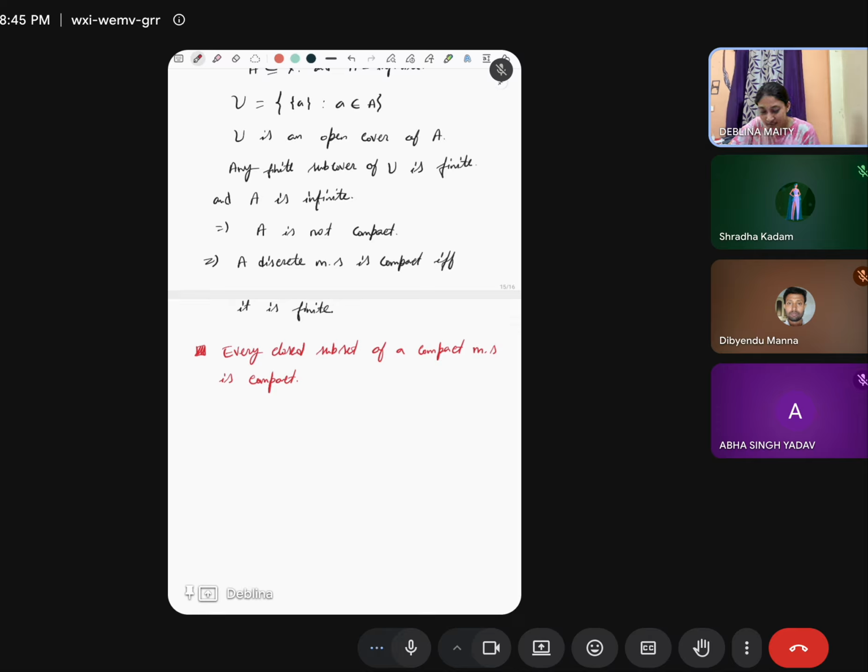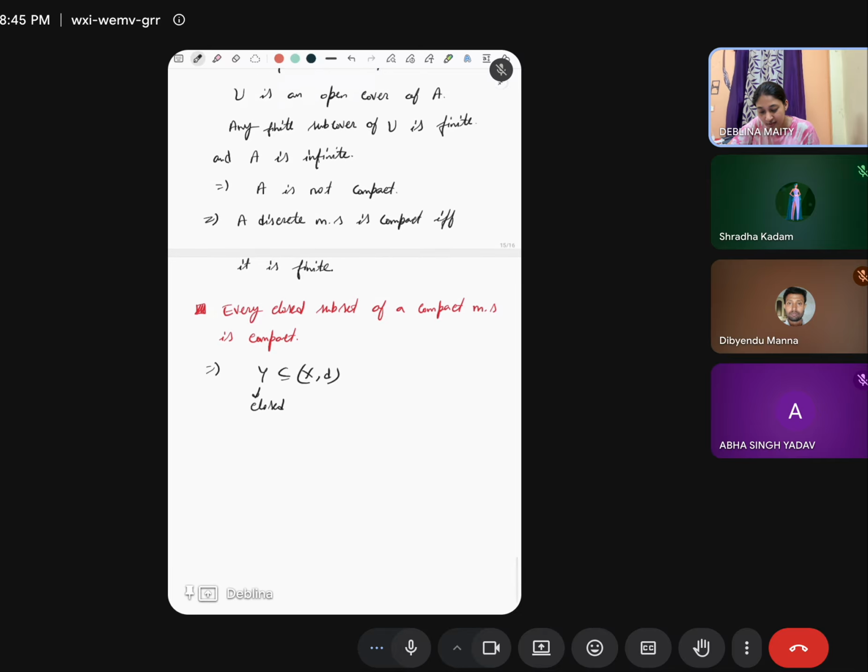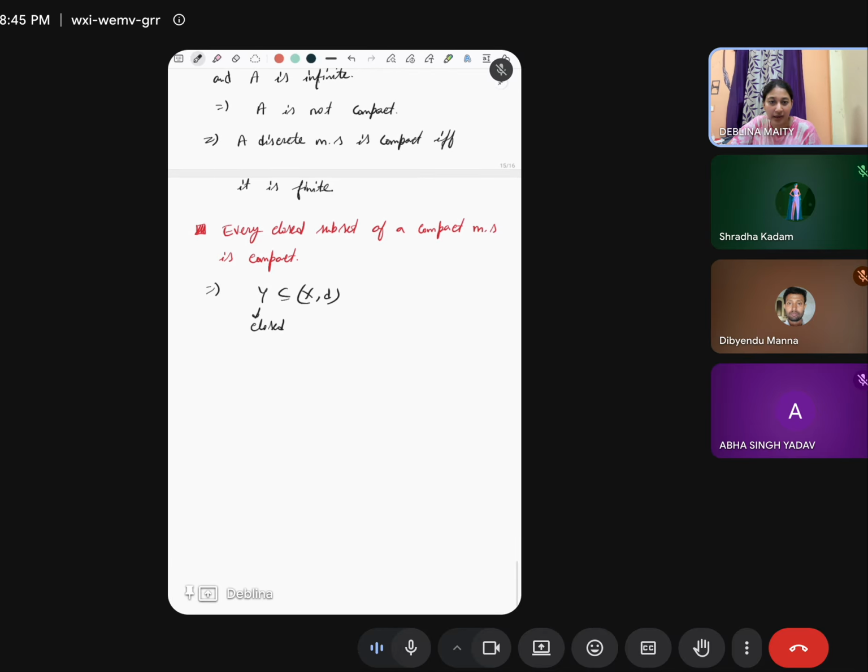The proof is easy, but we don't have that time. So just take, suppose Y is a subset of X, and Y is closed. So you have to show that Y is compact.